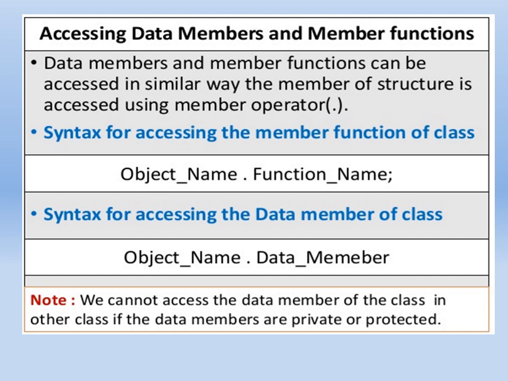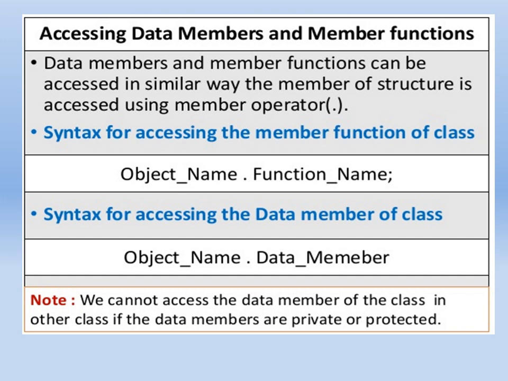Then the syntax for accessing the data members of a class: object name dot data member. So in the same way, instead of the function name you have to write the data member. So this is the way to access the data members and the member functions.